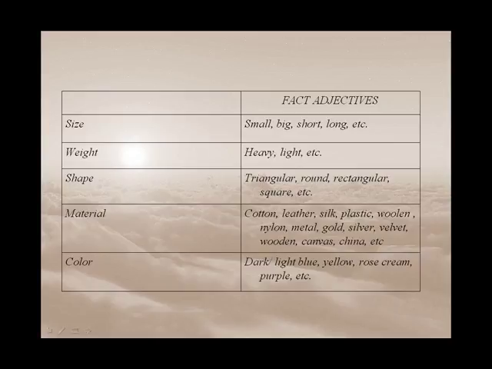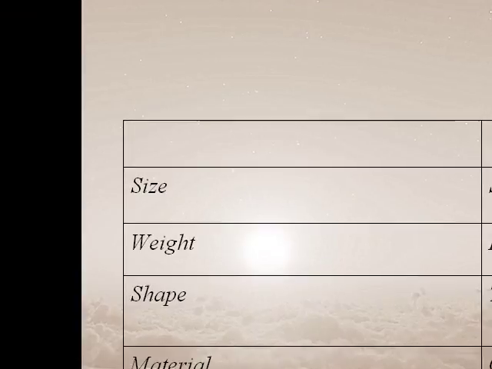Shape: triangular, round, rectangular, square. Material: cotton, leather, silk, plastic, woolen, nylon, metal, gold, silver, velvet, wooden, canvas, china, and so on. And for color too: dark, light blue, yellow, rose, cream, purple, red, blue, green, and so on.